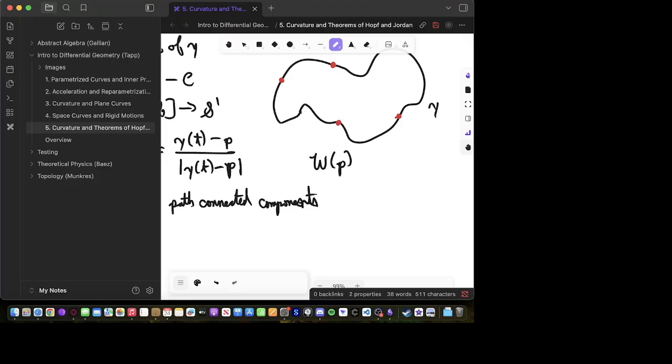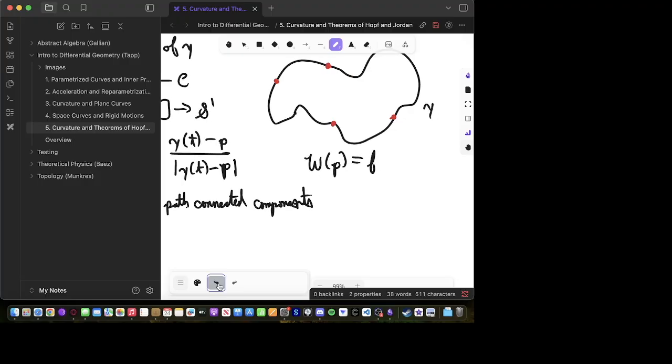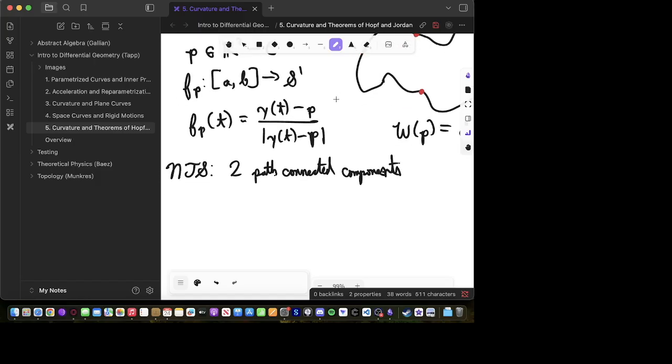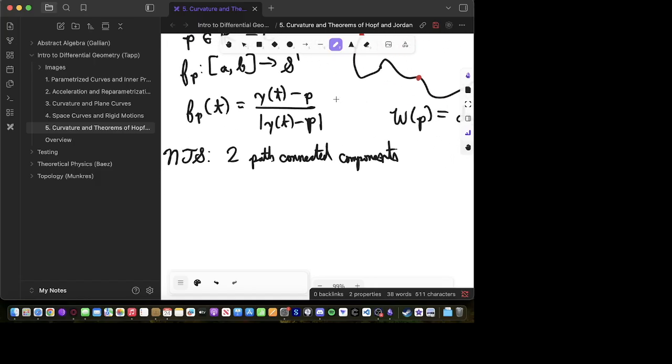So we're going to introduce a function w, which is basically the degree of f of p. So that's basically the number of counterclockwise rotations that the arrows undergo as you traverse the curve. So there's two path-connected components, one where w equals 0 and one where w equals positive or negative 1.